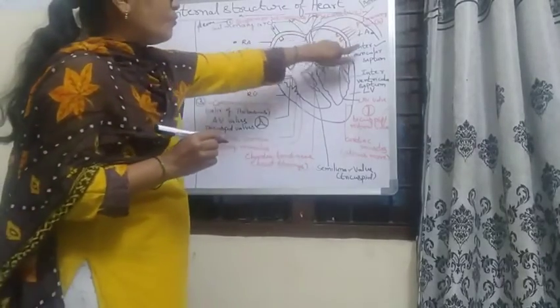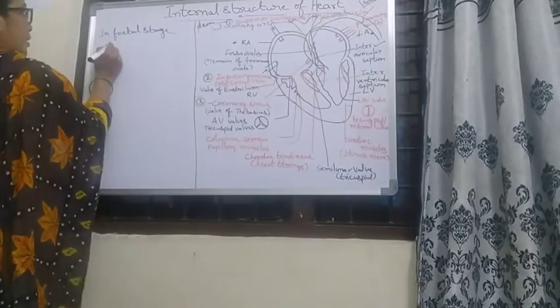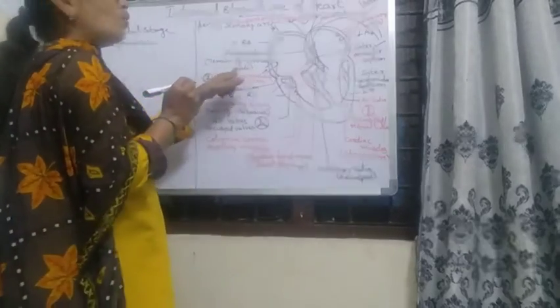In the fetal stage, the interauricular septum contains a depression called the foramen ovale.